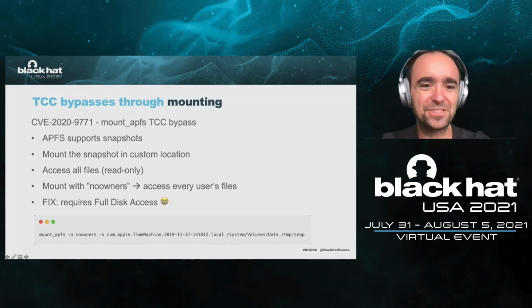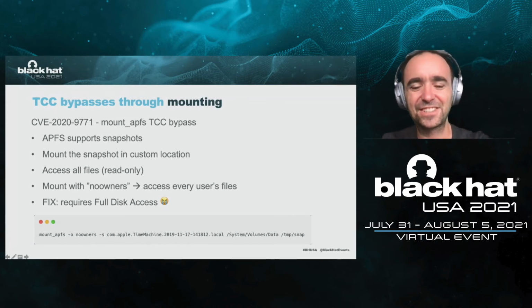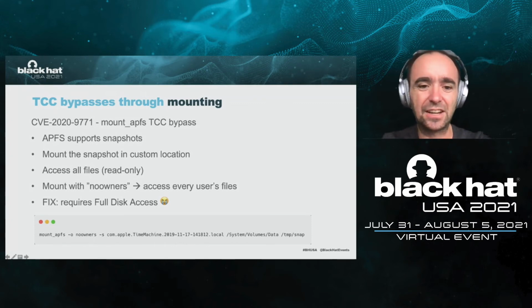But to make it worse, we could use the no owners flag during this mount operation, which means that we can mount the snapshot so that it will be seen as we are the owner of every file. So if there are multiple users using the same macOS system for any reason, basically what we get is read access to every other user's file.